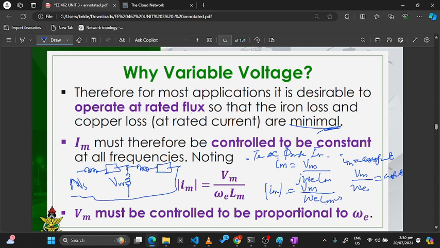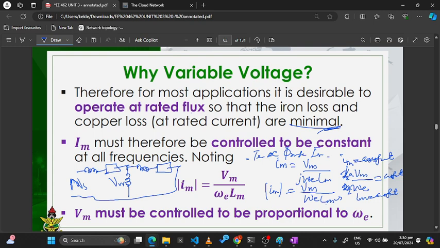The fact that this fraction must be constant doesn't mean that Vm should be constant and omega E should be constant. It means that if you are changing Vm, you should change omega E in the same proportion. Okay, so that if you do two times this, you should do two times this. If you have this, you should have this. Is that okay? So that at all times Im will be constant.